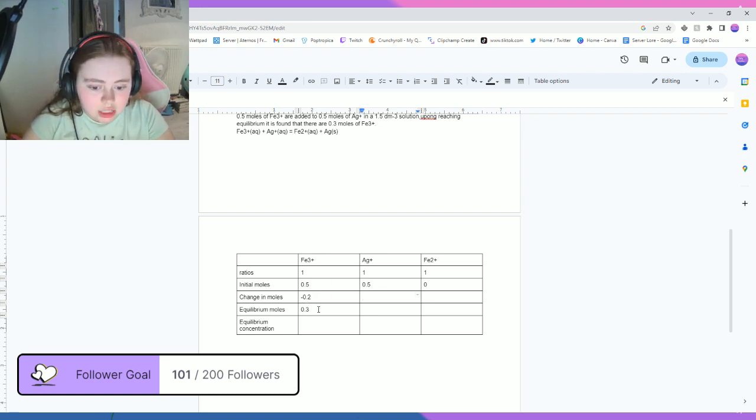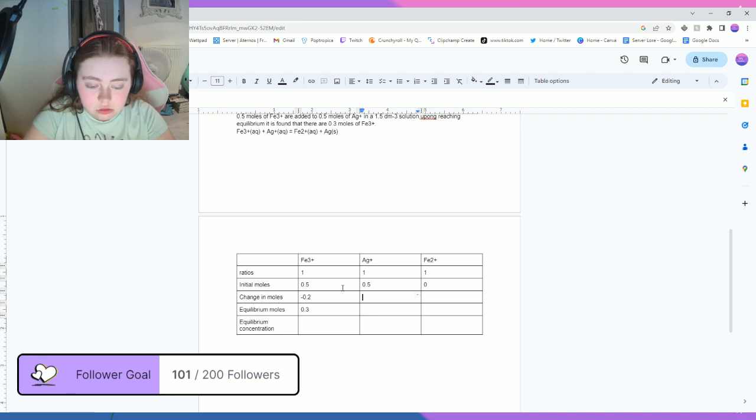You times the change in moles by the ratio. For example, if this was 2 instead of 1, you would times this by 2, because 1 times 2 is 2.